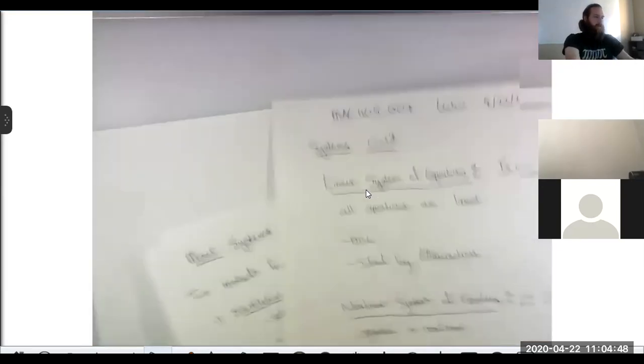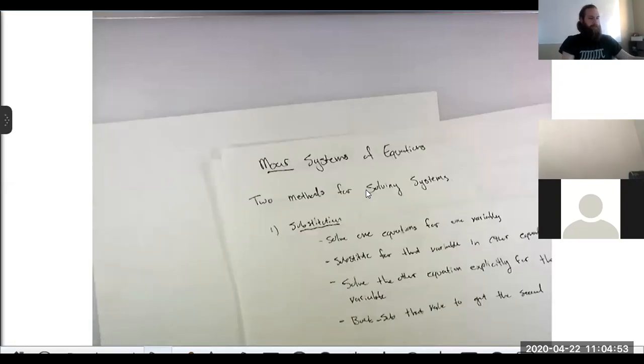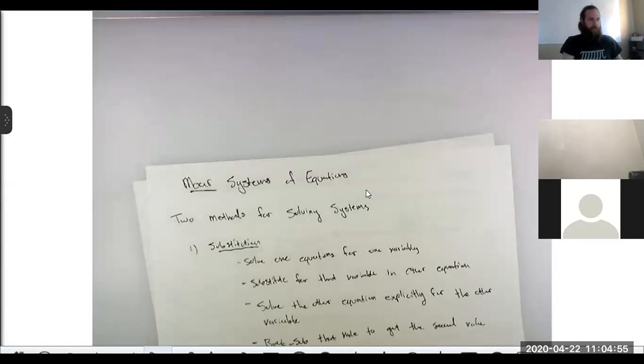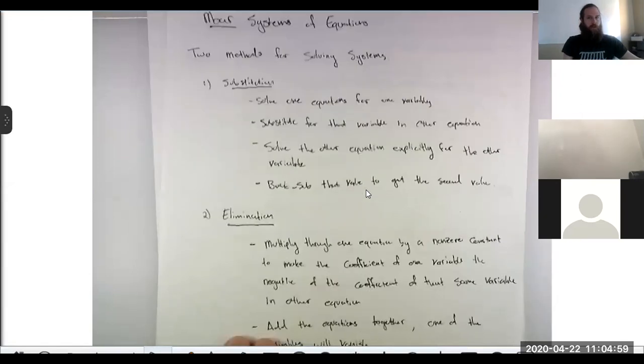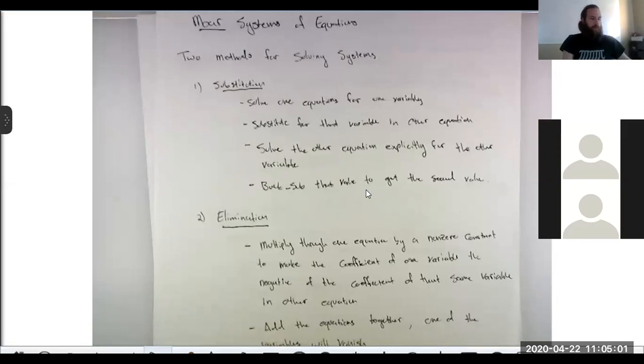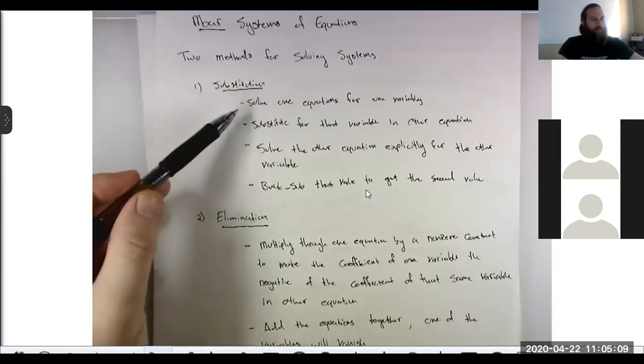Now I have here a breakdown of the two methods that we're talking about. So the method of substitution is one that I think pretty much everybody is familiar with from high school. That is where you pick an equation, you pick a variable, and you solve one of the equations for one of those variables.